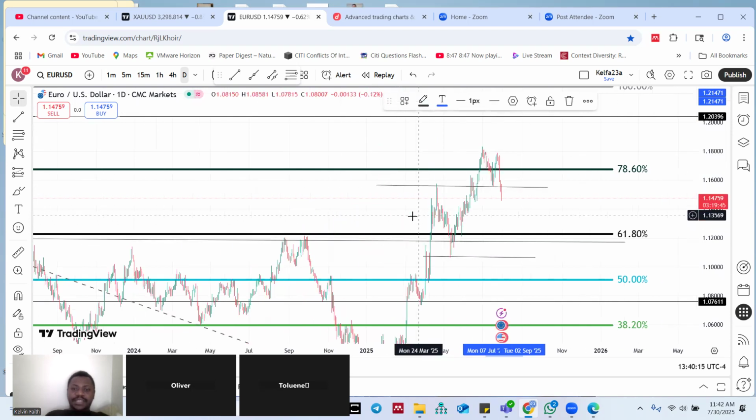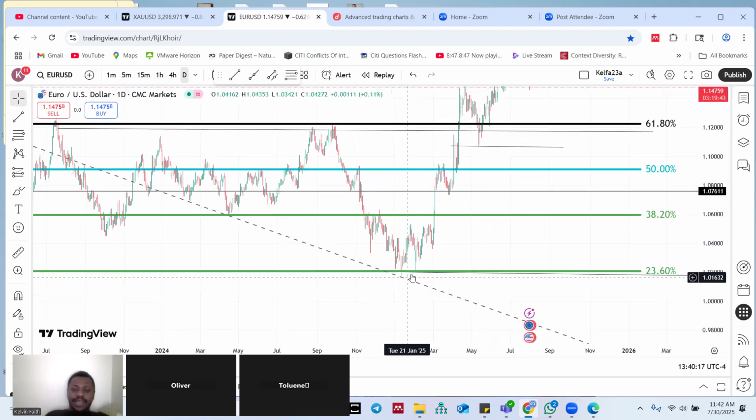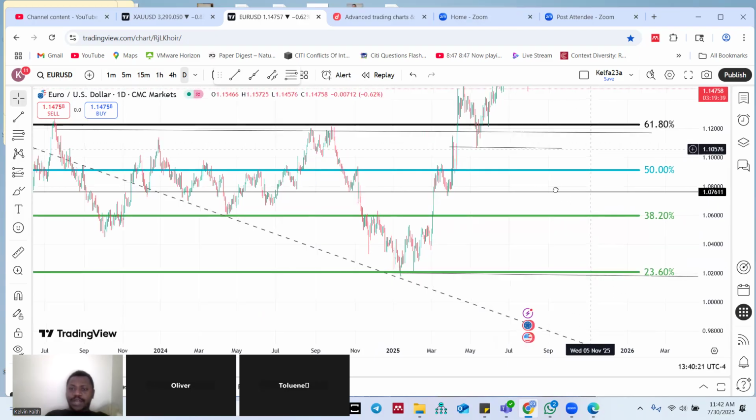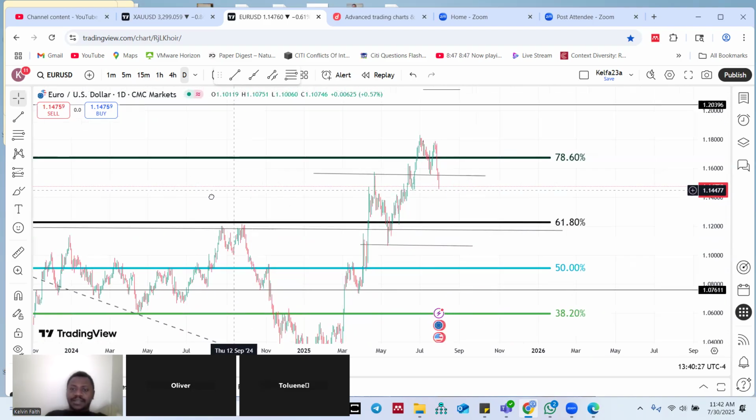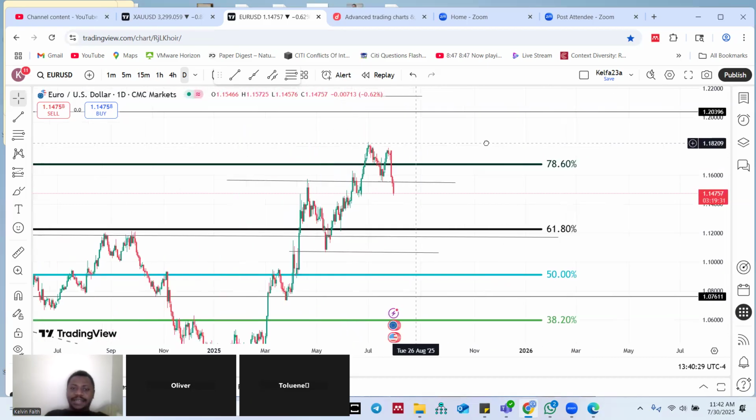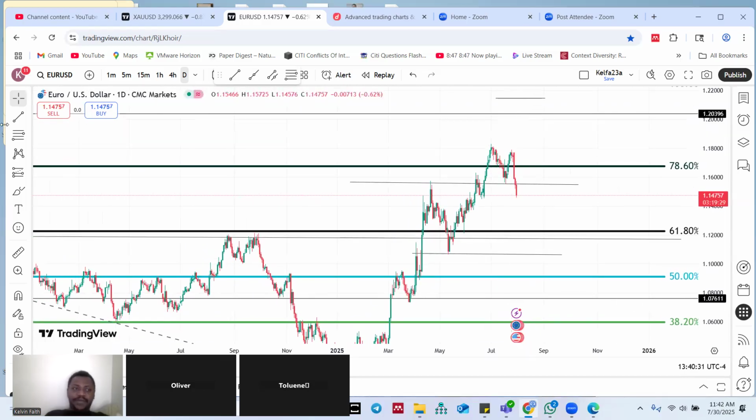So notice when there was a failure swing here, we had an impulsive move to the upside that took out all-time highs and all swing highs. Once we have this failure swing around this area, failure swing means that it failed to give us a new high or a new swing. Once we failed here, what do we look for?